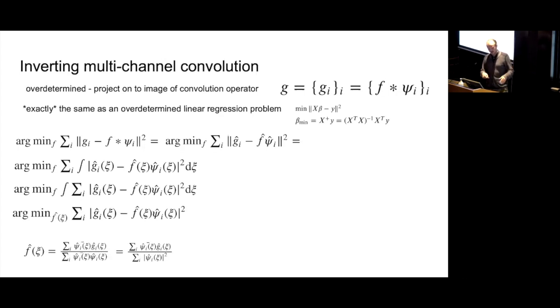If we do that, we end up with this sort of fraction of the psi_i hats times the G_i hats, divided by a denominator that is actually a very interesting object that we're going to look at next. That denominator is actually our sort of X transpose X inverse, the decorrelation matrix thing.